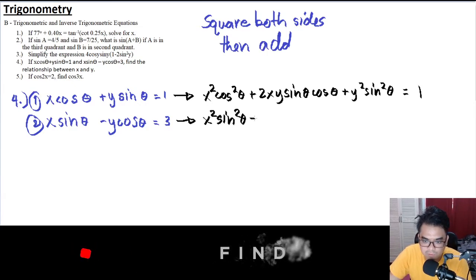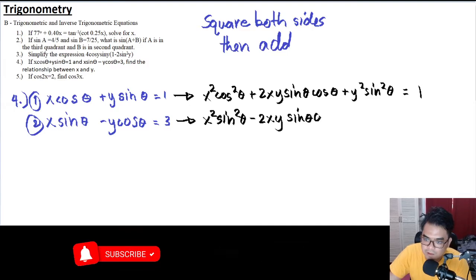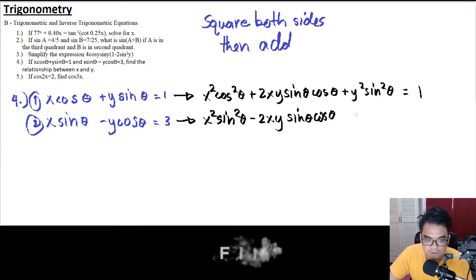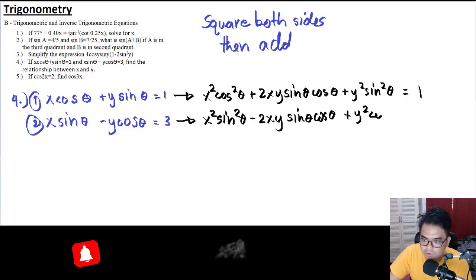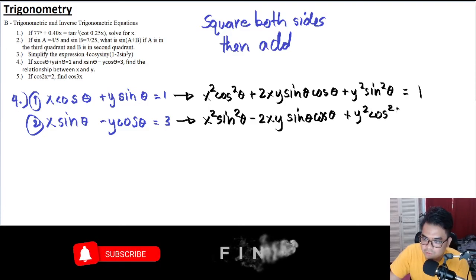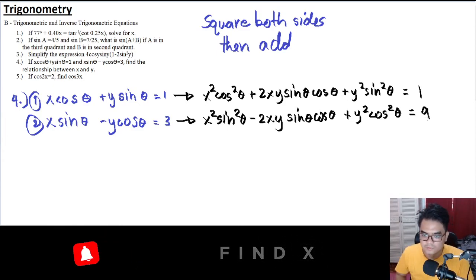Now we get a minus: minus 2xy, and we have sine theta cosine theta. And then, no, it's actually plus, right? Plus y squared cosine squared theta equal to 9. And then add them up.